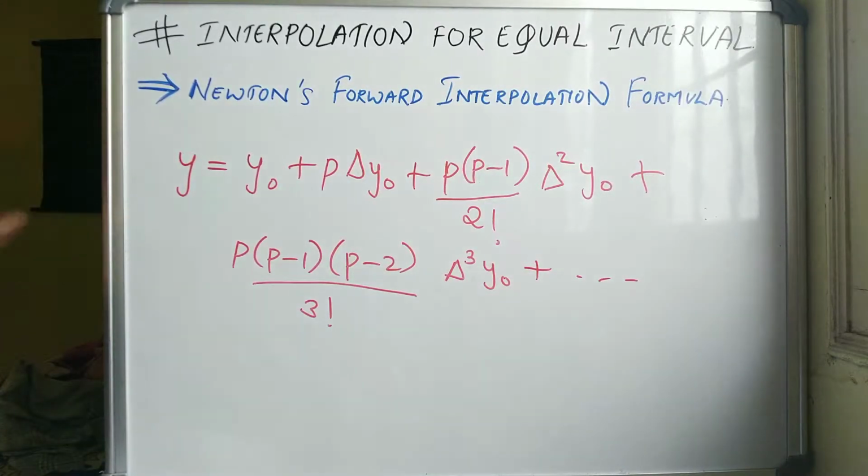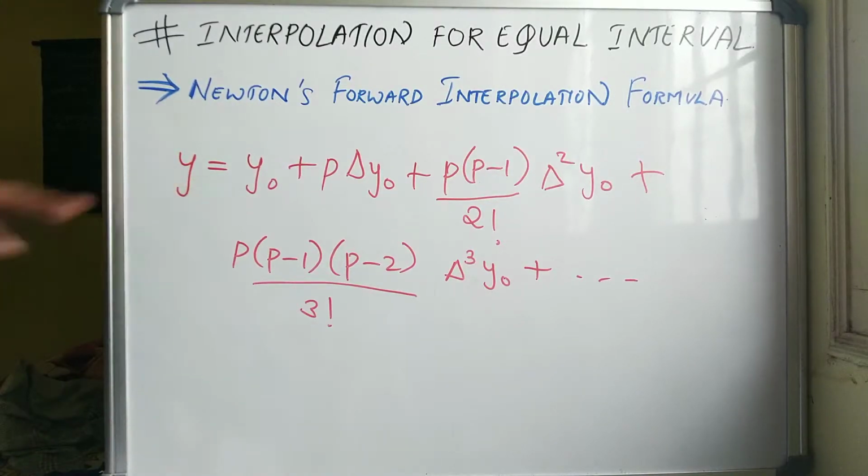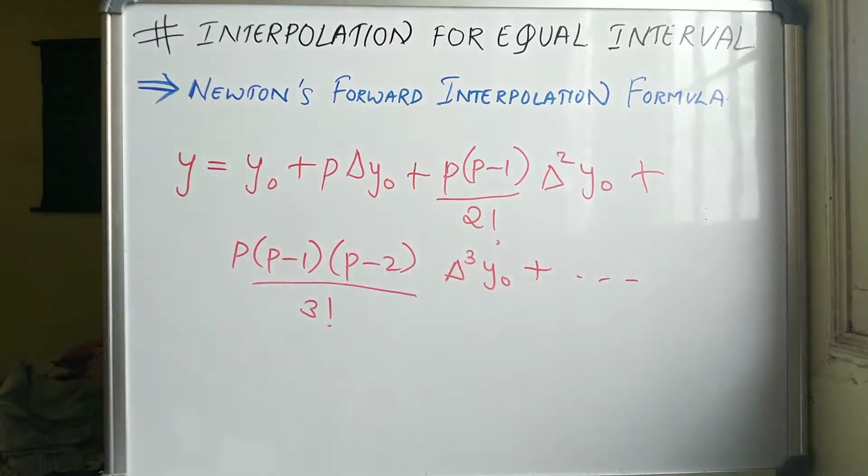This is the basic formula for Newton's forward interpolation formula. In this you need to understand what y0, p delta y0, and all these terms are.